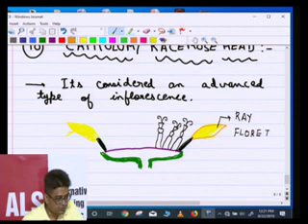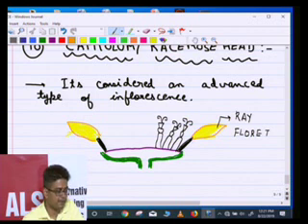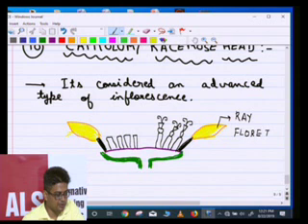So let me draw this again. Okay, so it's visible now. This is called the capitulum or head. It will be very clear to you once you take a sunflower and try to break that flower. You can very easily see what I am talking about here.